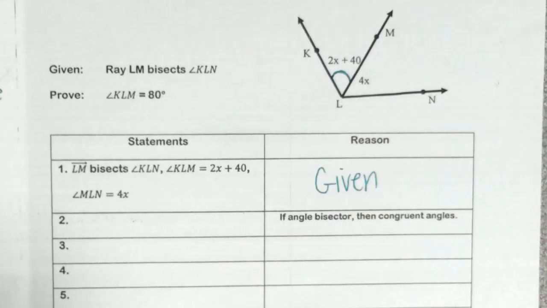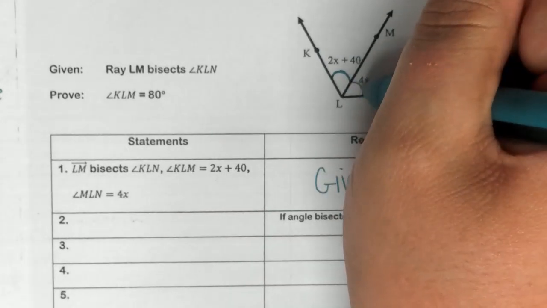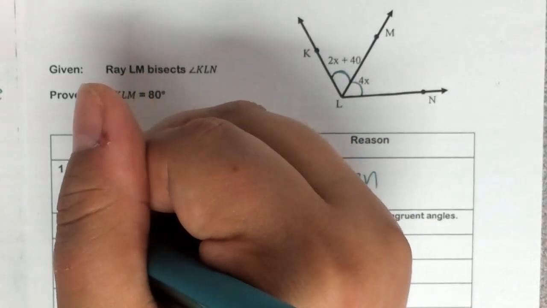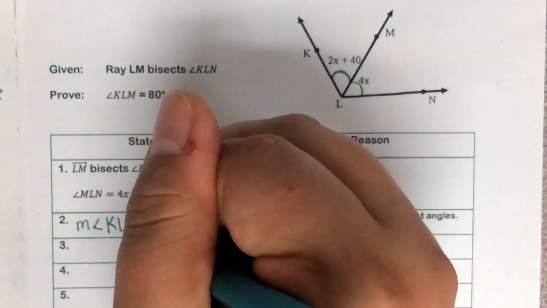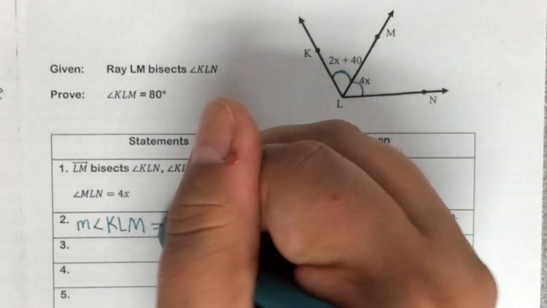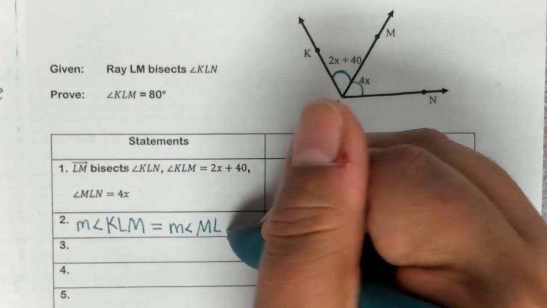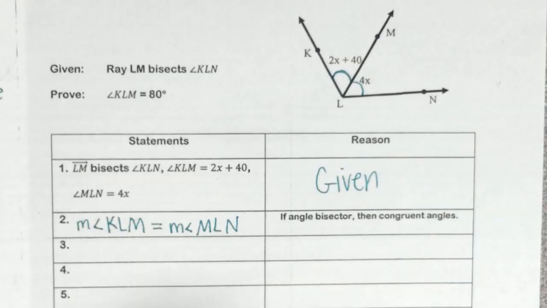What do I know about these? It's bisected, so that means they are what? Equal, congruent. So I'm going to say the measure of angle KLM is equal to the measure of angle MLN. Do y'all agree with that? Because if angle bisector, then we have congruent angles.